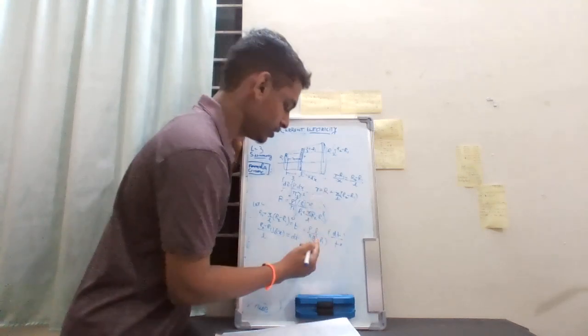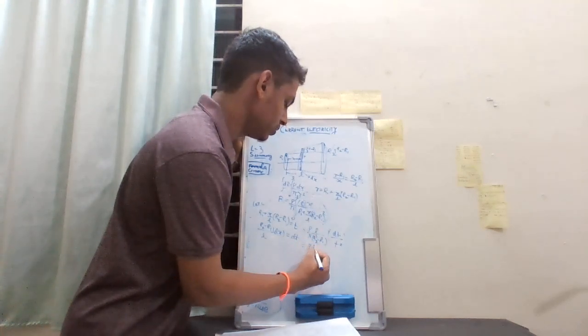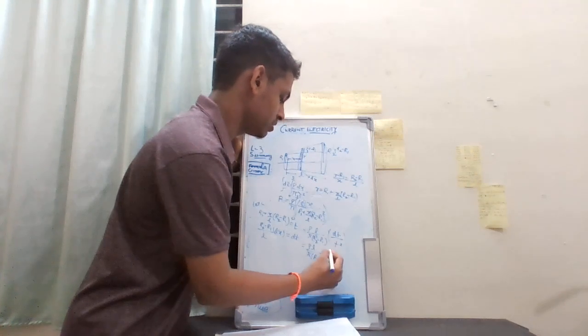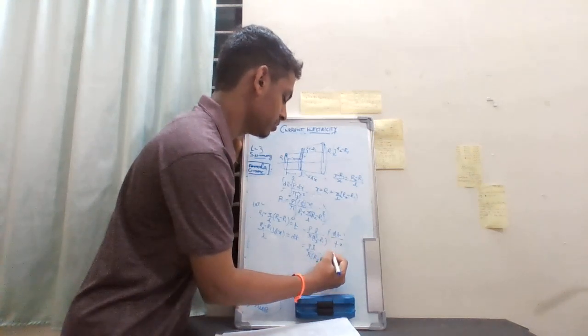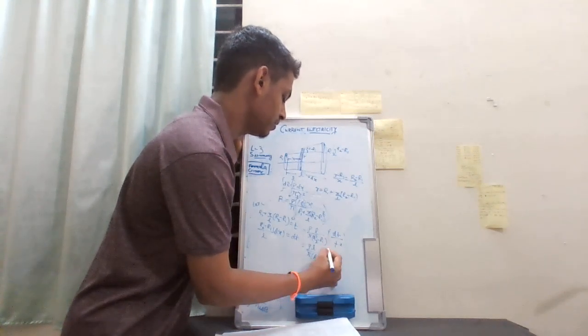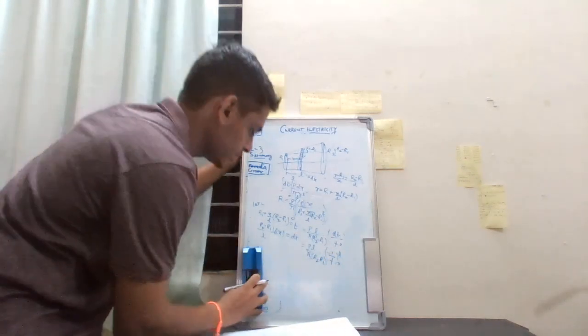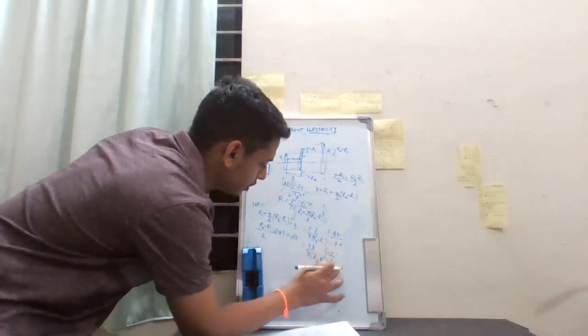Now the integration is easy, so that would be rho L by (r2 minus r1), this is minus 1 by t, from 0 to L. The limits are still the same, but we won't put that right now.